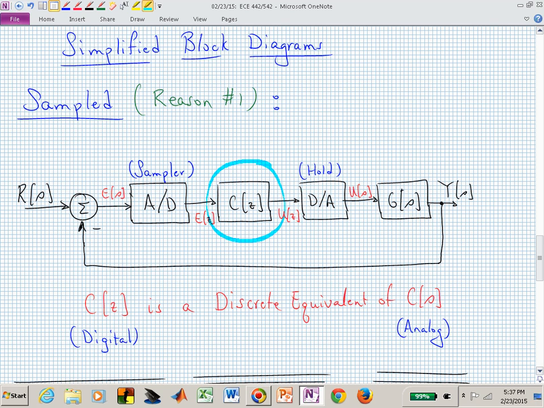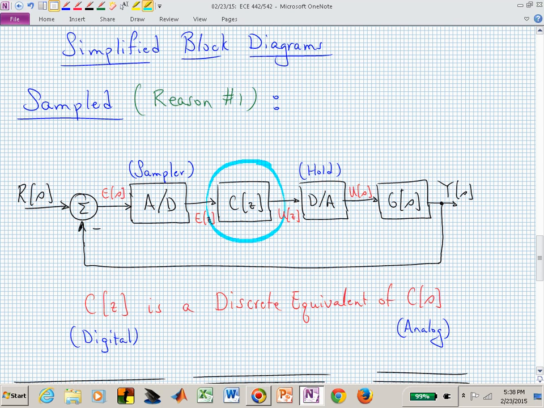We need to change this digital sequence of numbers coming out of our digital controller into an analog waveform, and that's why we have this digital to analog converter. In this class, we are simply saying, you give me 5, I'm going to hold 5 until the next sample period. At that sample period, maybe your signal says 5.2. You hold 5.2 for that sample period. That's what the hold device, the digital to analog converter, is doing.